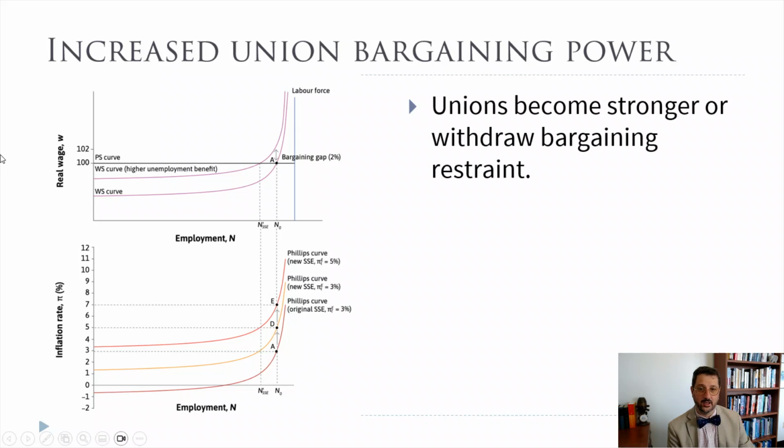And again, either that's going to mean a positive bargaining gap that shifts up the Phillips curve over time, and so we get higher and higher inflation, or it's going to mean we end up at a higher unemployment rate at our supply side equilibrium. Now, we talked about a couple of reasons that might not be true, right? We talked about the voice effect.